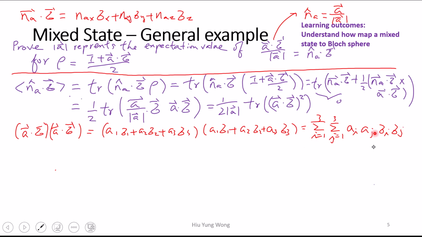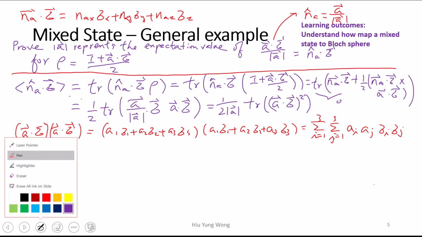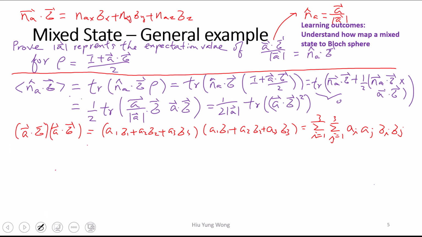By looking at this, you either have sigma 1 go with sigma 2 or sigma 3, or sigma 1 itself. But we already recall the equation. What did we learn earlier? We learned that the trace of sigma i sigma j equals 2 delta ij. If your terms are not the same, like sigma 1 times sigma 2, you will get 0 because they are not the same.